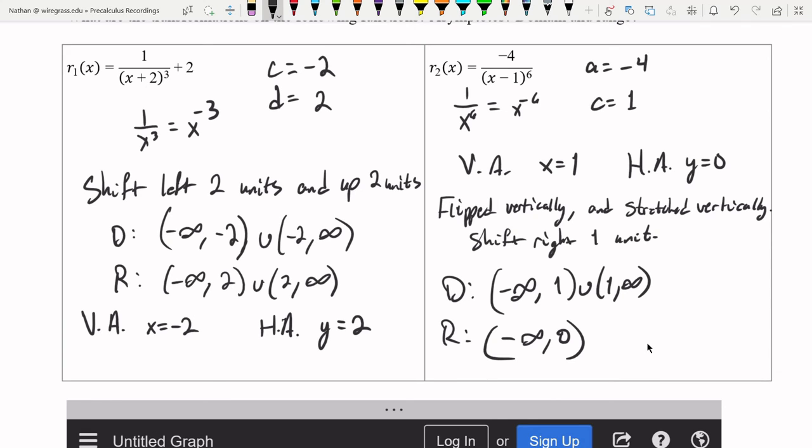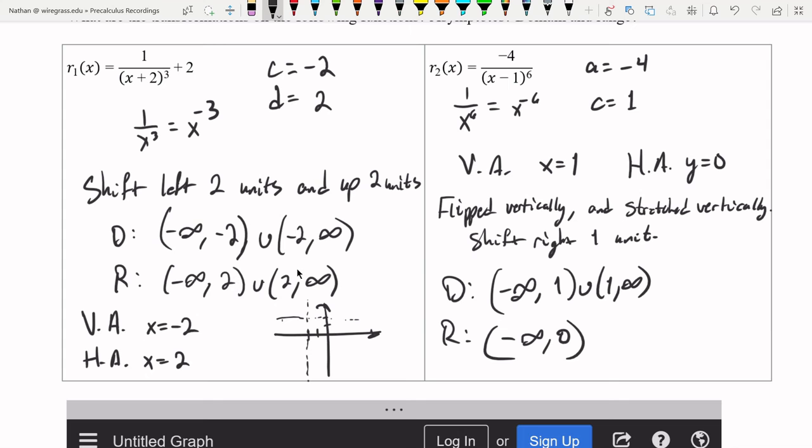So you can, of course, sketch these things out. Let me actually move this over a little bit and just show you a quick sketch of what I would imagine it would be. So on the grid, we're going to have a vertical asymptote at -2, a horizontal asymptote at 2.